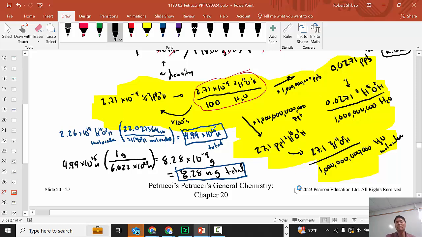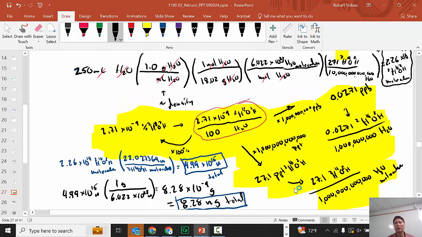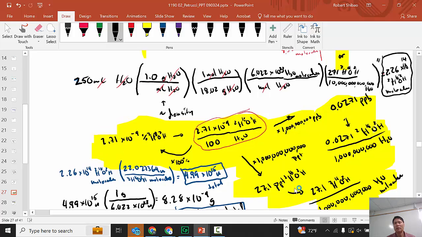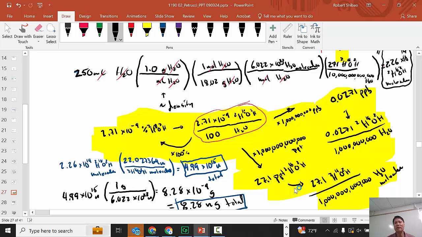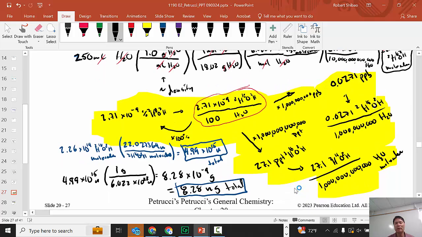So although you probably drank 226 trillion of those heaviest water molecules, it only amounted to 8.28 nanograms, which is barely anything, compared to about 250 grams of water. And so it's very little. Huge number of molecules, but very little water.